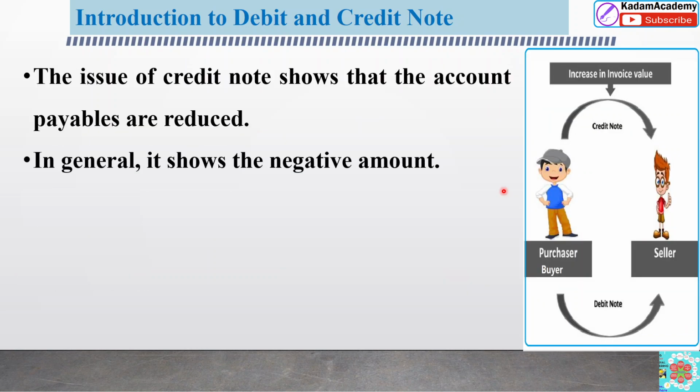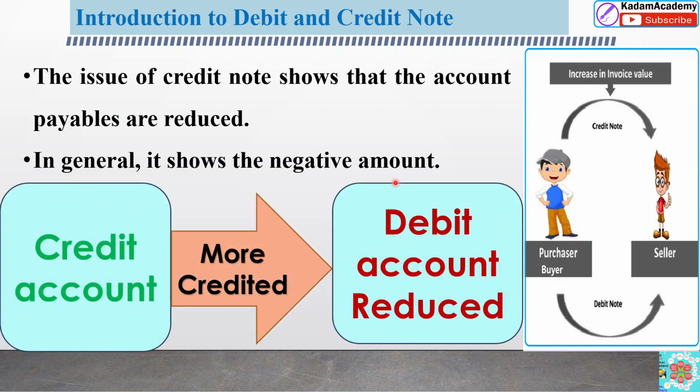So friends, the issue of credit notes shows that the accounts payable are reduced, and in general it shows a negative amount. And friends, see here, the credit account is increased and the debit account is reduced.